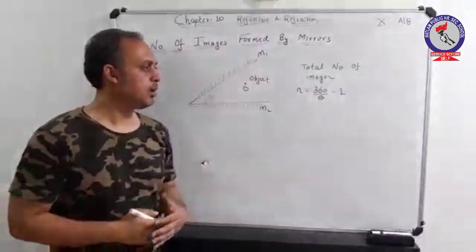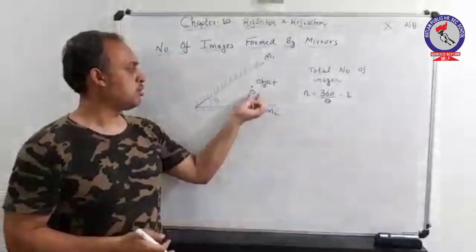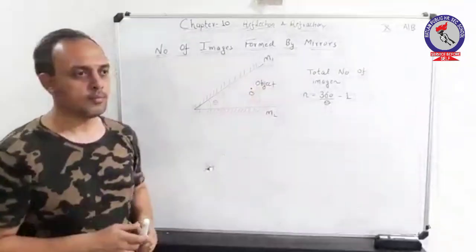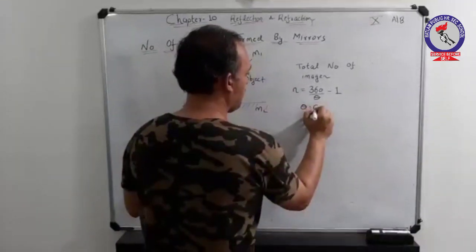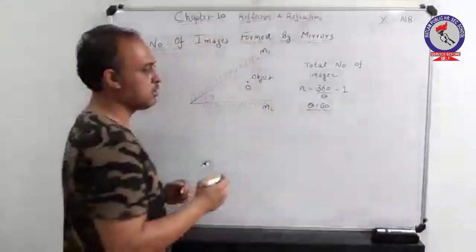The reason for forming a large number of images is due to the multiple reflection for this object which is placed between these two mirrors. Let us suppose that theta is 60 degree, that is, both the mirrors are kept at an angle of 60 degree.